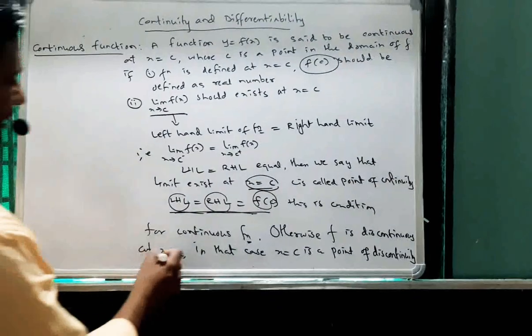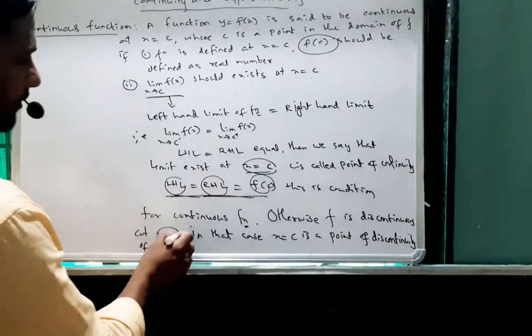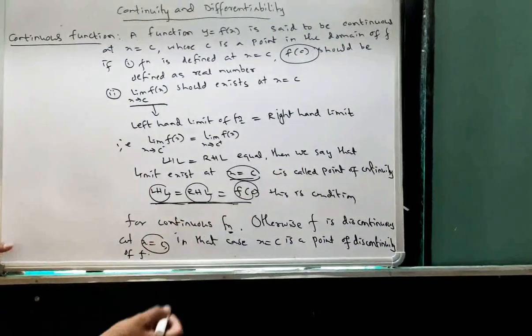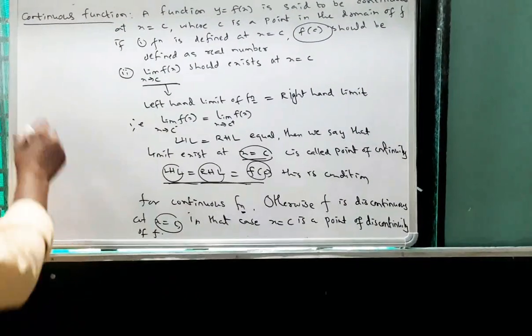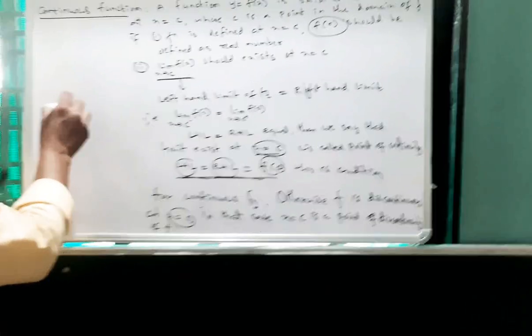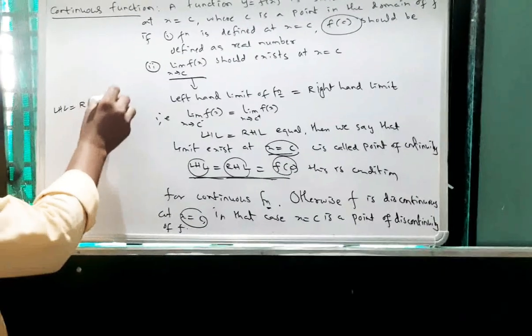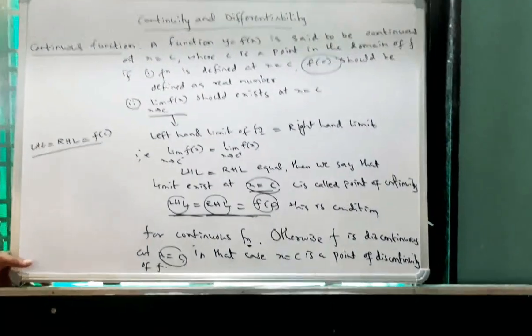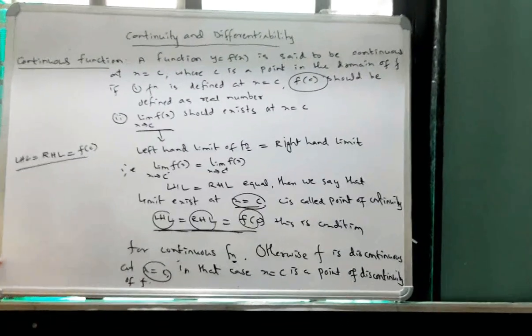And if it is discontinuous at x equal to c, then it is called point of discontinuity of function. So in short, the function is continuous if left hand limit is equal to right hand limit is equal to the value of function at x equal to c. This is the meaning of a continuous function.